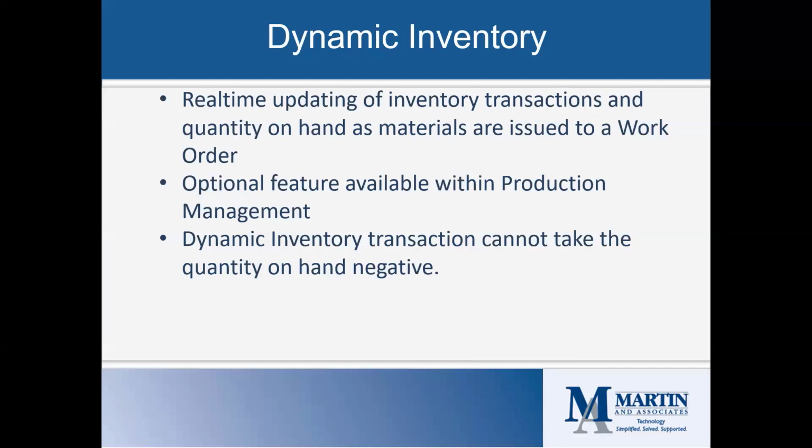This is an optional feature called dynamic inventory, and if you choose to turn that on, then when you issue items to a work order, that immediately is reflected in the quantity on hand in the inventory modules, and it makes that inventory not be available. Okay? The dynamic inventory transaction, however, cannot take an inventory quantity to a negative number.